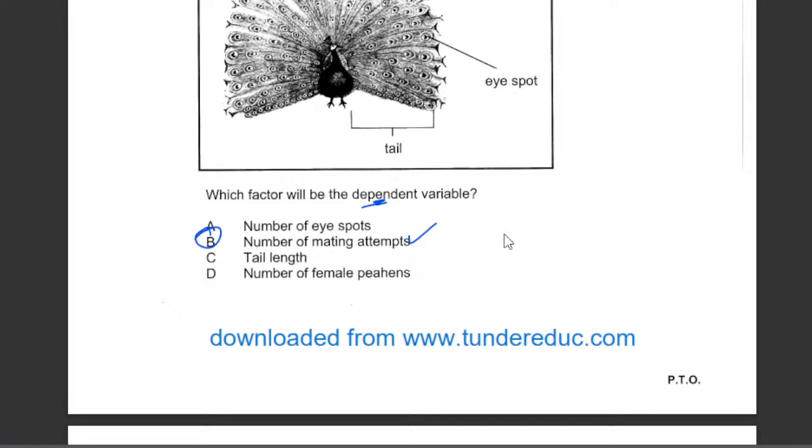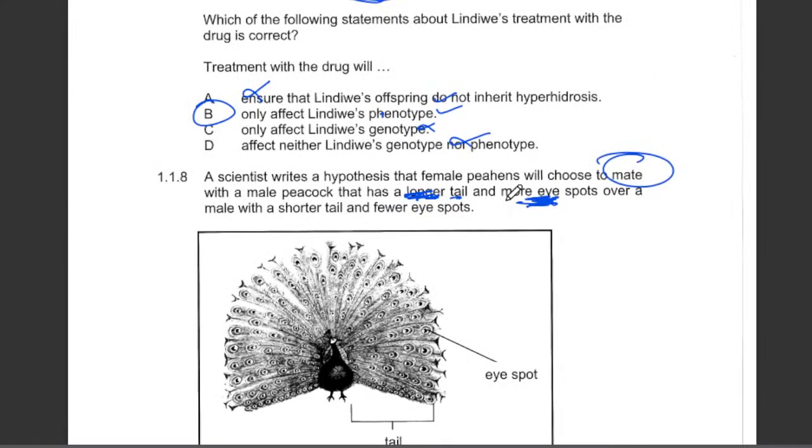Actually, the female can come, but because she is interested in you, if you look at this and this, it looks to be confusing. But how many attempts you're going to have, you understand? Because here they're saying that to choose the mate with the male peacock.